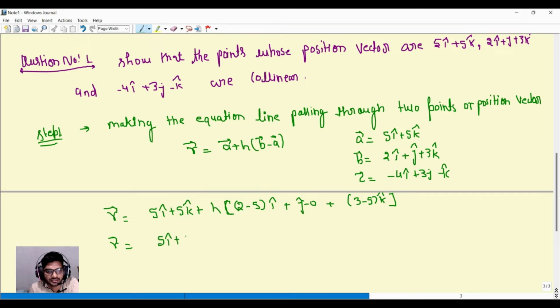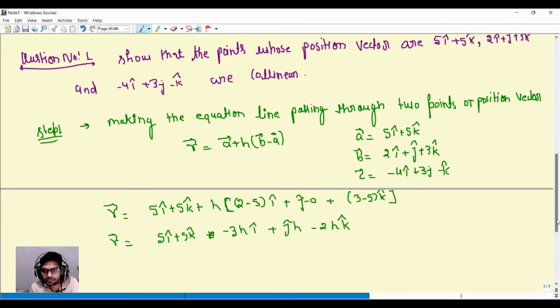So 5i plus 5k minus 3 lambda i plus j lambda minus 2 lambda k.